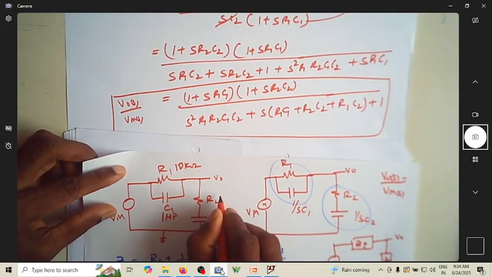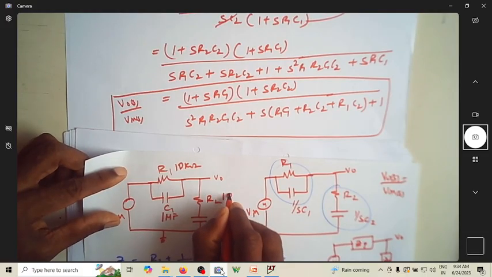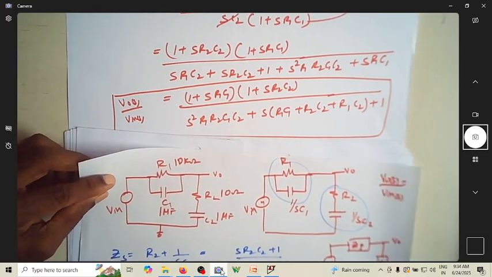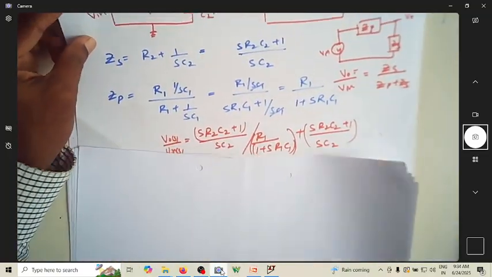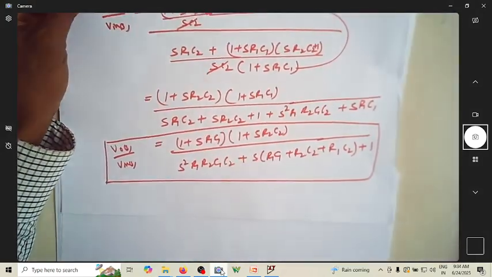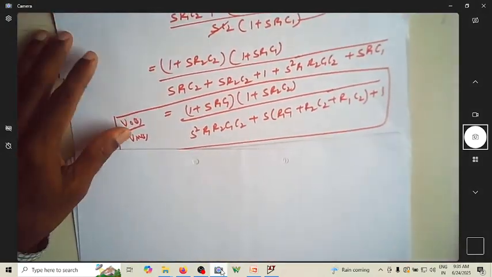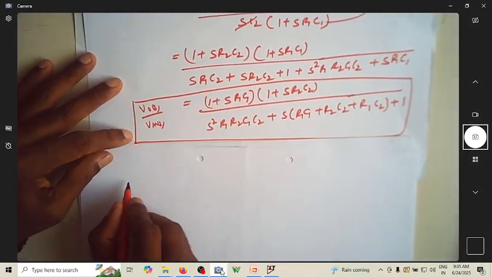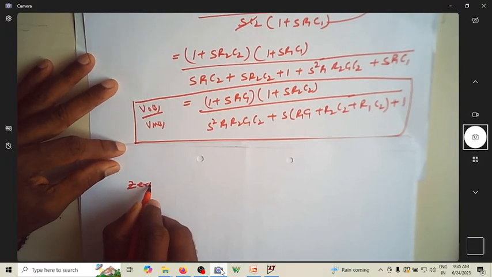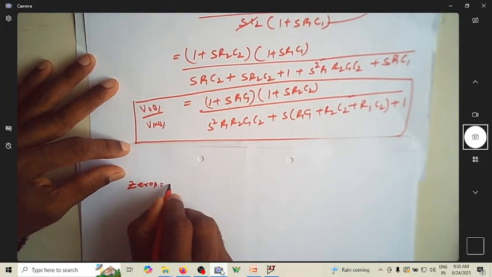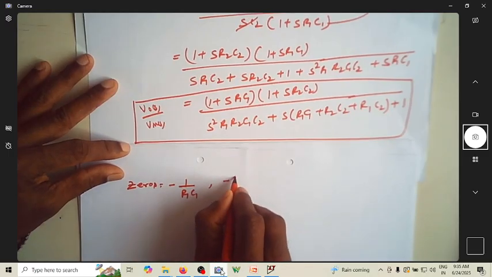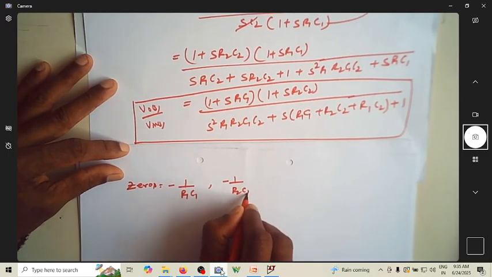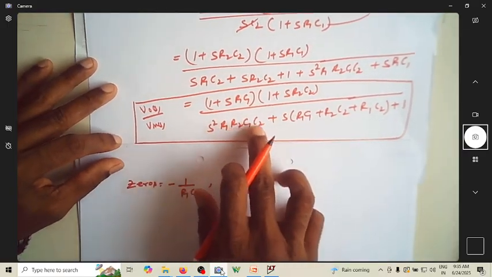Let us take it as 10 ohm. So this is 10 ohm. Let us substitute the values of R1, C1 here. Now you can see zeros at minus 1 over R1 C1 and minus 1 over R2 C2. So that is the zeros.